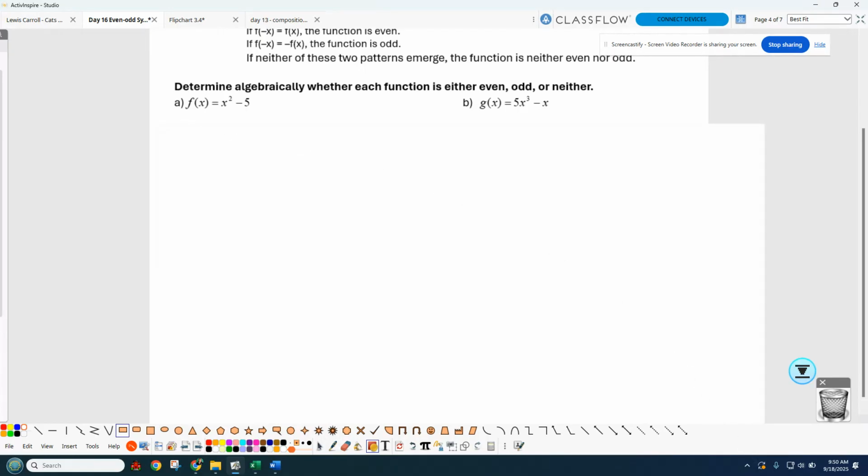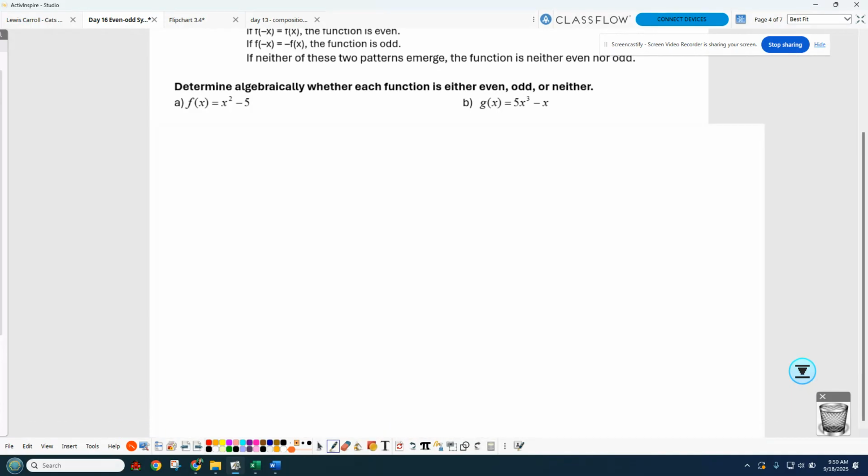First thing we're gonna check, both of those tests for even and odd had f of negative x. So I am going to find f of negative x. Everywhere that x was, I'm going to take x out and go negative x.